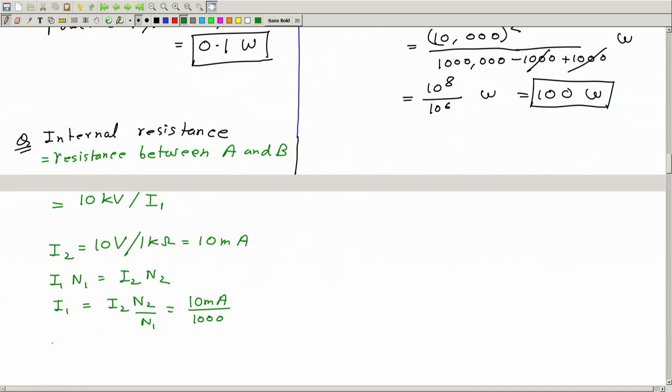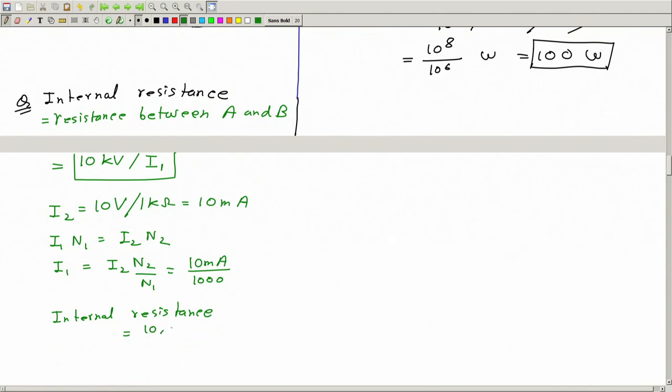Okay, so this is I1, and therefore the internal resistance is 10 kilovolt by I1, 10,000 volt by I1, which is 10 milliampere divided by 1000.